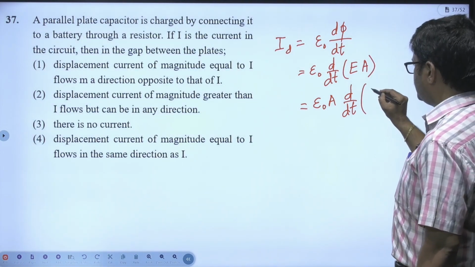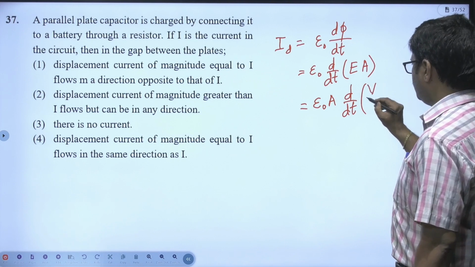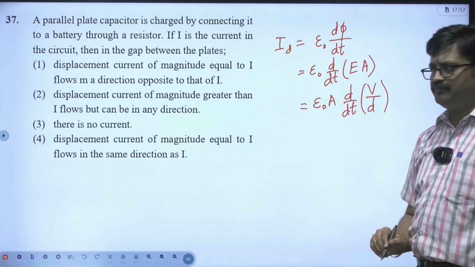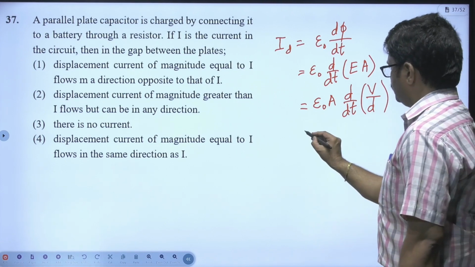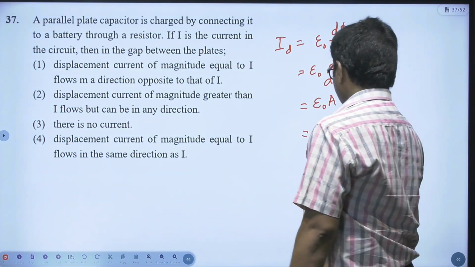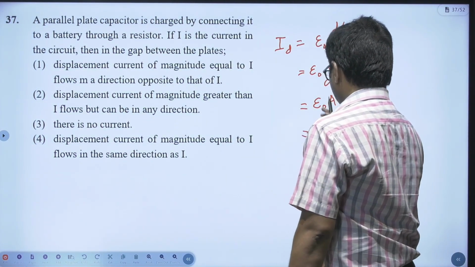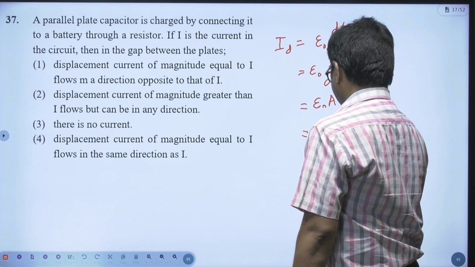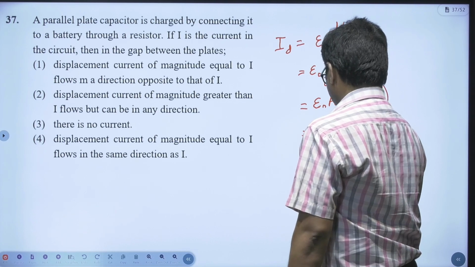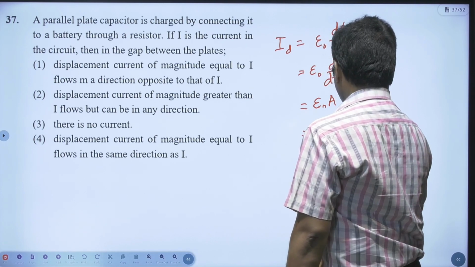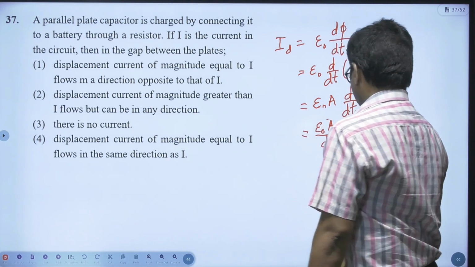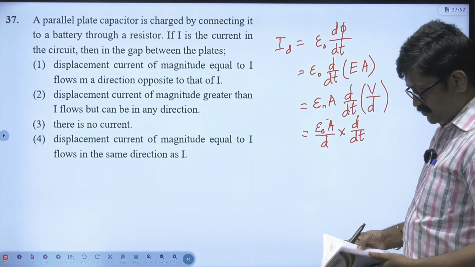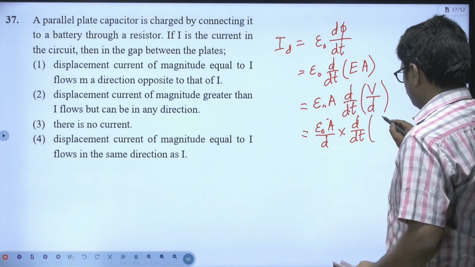The electric field I'll write as V by D, where D is the distance, that's what we want. So I'll take this D outside again and write epsilon naught A divided by D into d by dt of. Now we are left with what? The potential difference, which I'll write as Q by C.